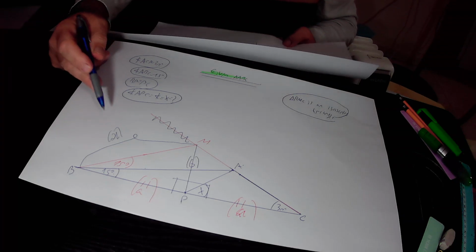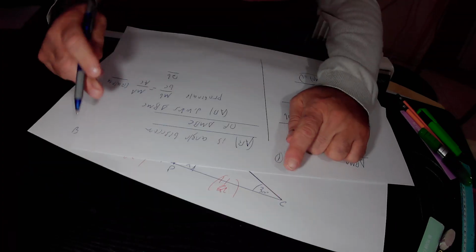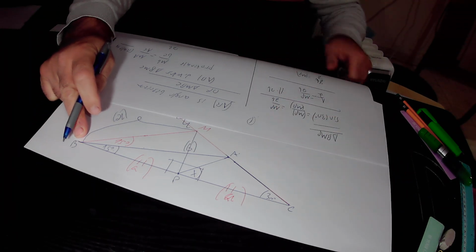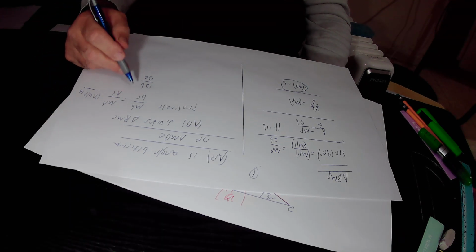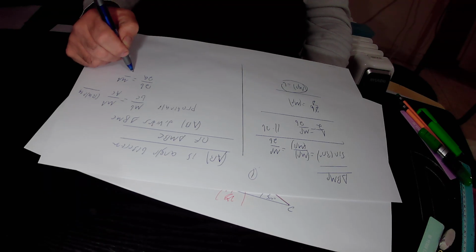MB is 2B over BC. BC in total equals A plus A, that is 2A. So 2B over 2A equals MA over AC.